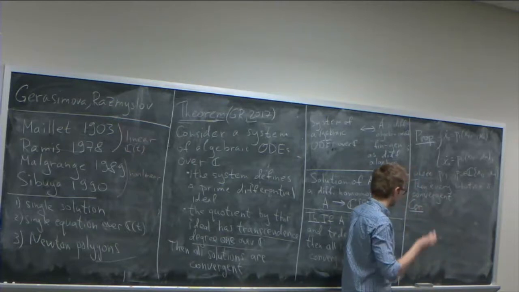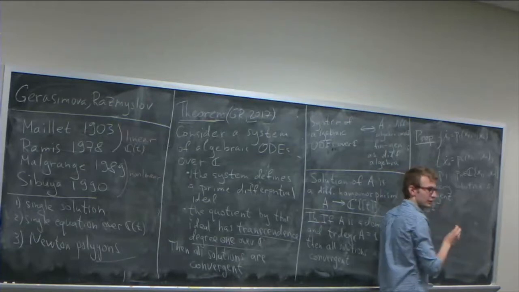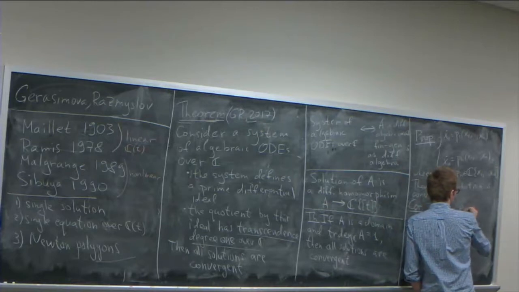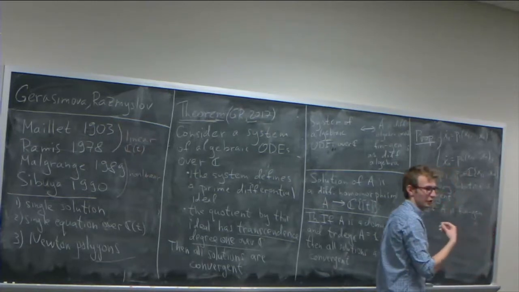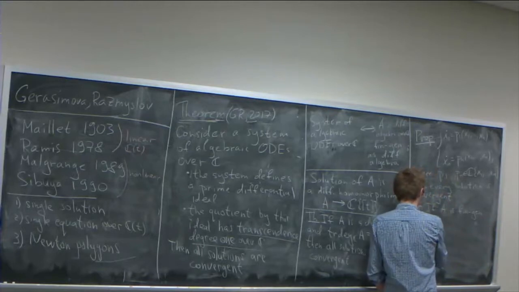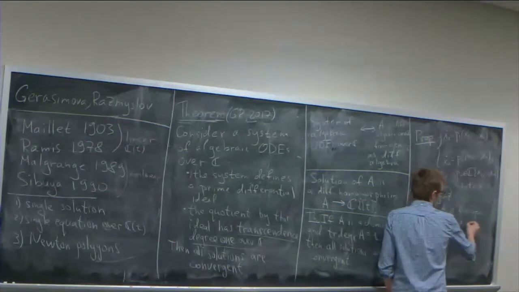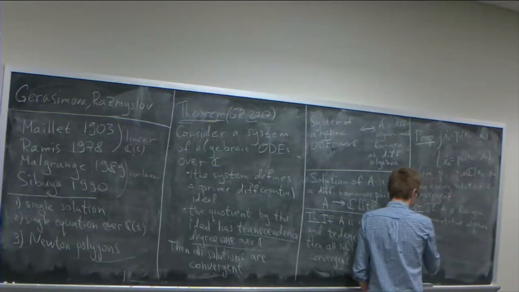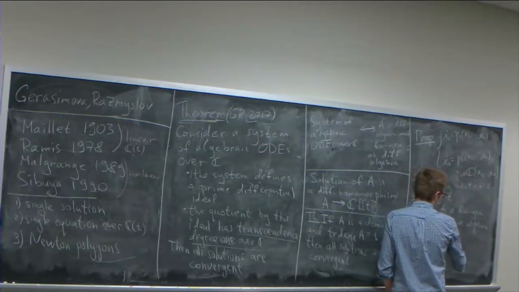But what that means for us is that if our differential algebra A is finitely generated as just a commutative algebra over C, then it has the second version.